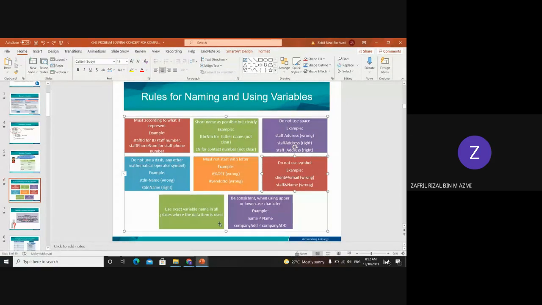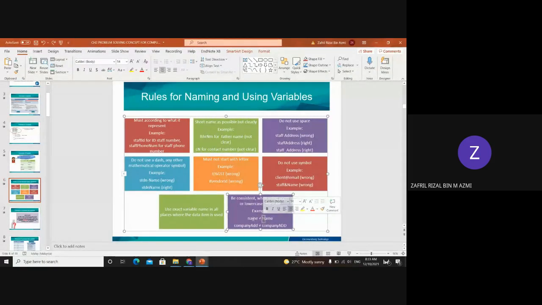Okay, and so this point and this point are similar, meaning you need to be consistent. For example, at the beginning of your program, you use a variable name with lowercase letters. But in the middle of your program, you forget that you declared it at the top of the program as lowercase, and suddenly you use a capital letter.